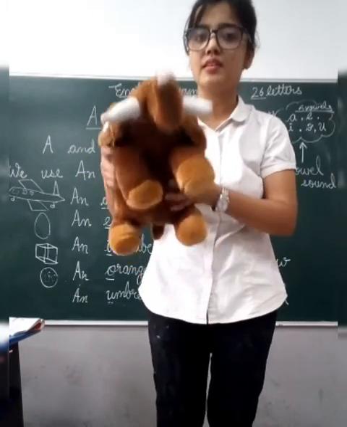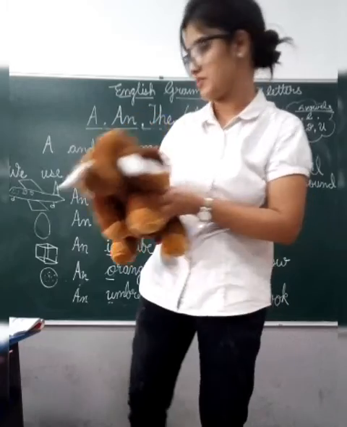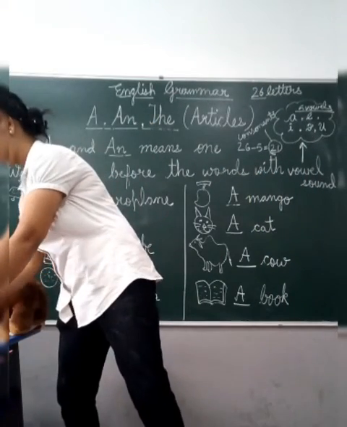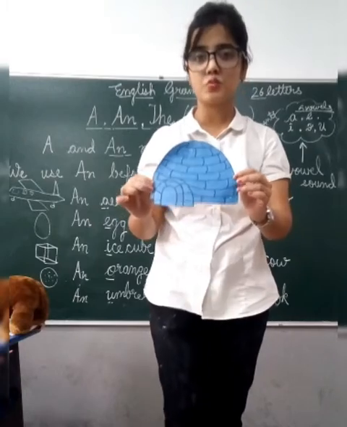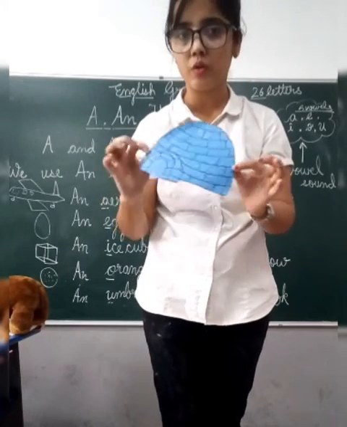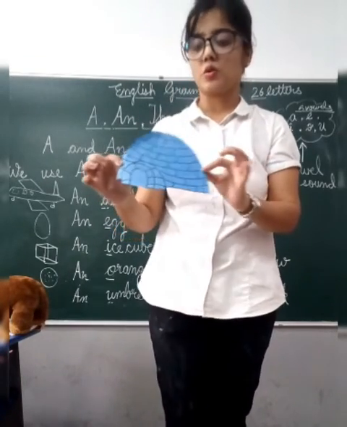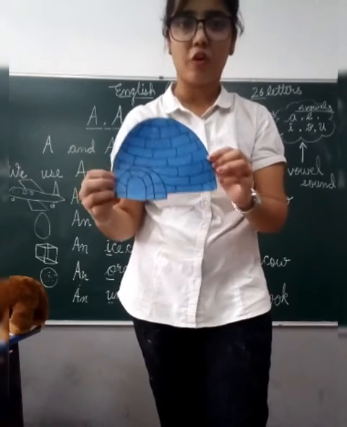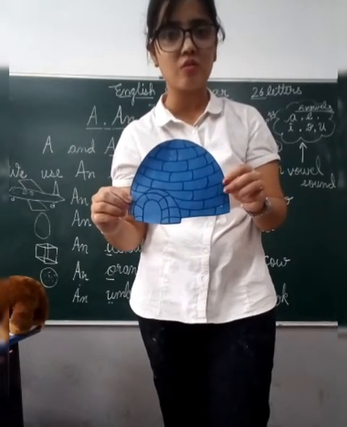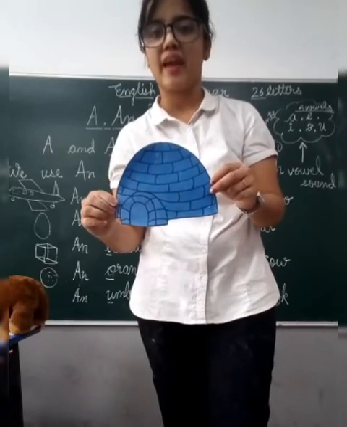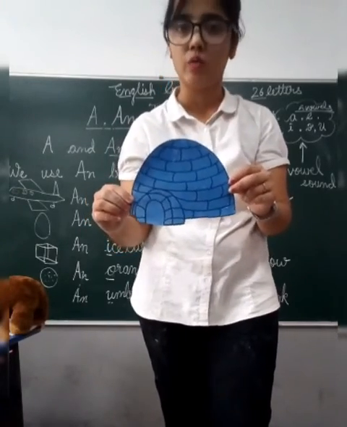So we will say this is an elephant. What is this? This is one igloo. You know igloo. As it starts with vowel sound I, we will use an before it. An igloo.